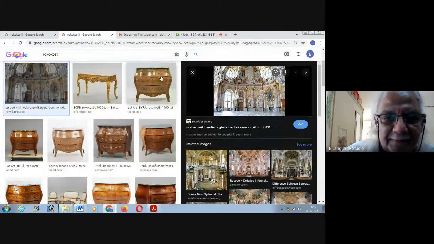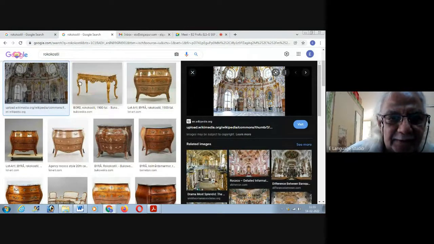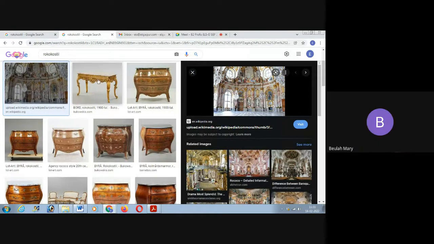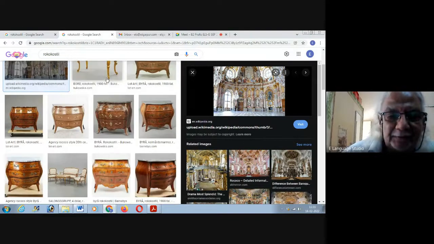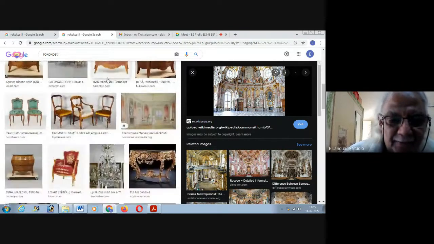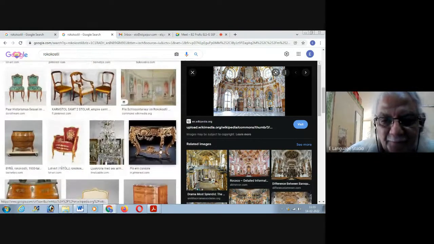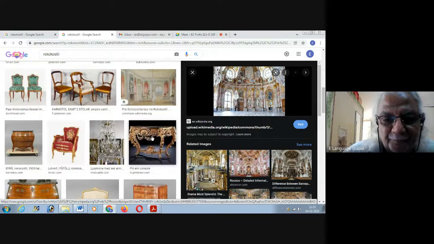The same is there even in the tables here. See the carving of the table. So when a table is so elaborately carved, or a chair or the furniture, like this one here, see? So this is called the Rococo style.